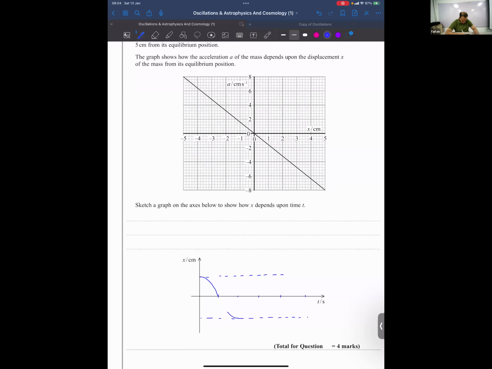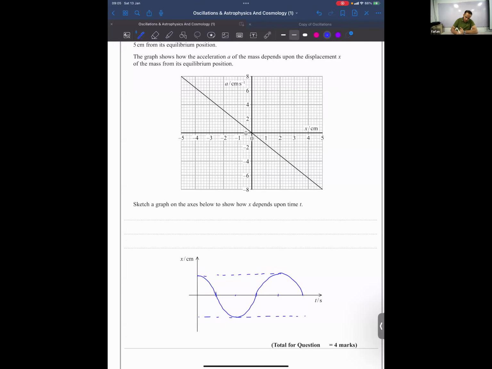The sinusoidal graph, displacement versus time. And the maximum displacement is 5 centimeters. Correct?